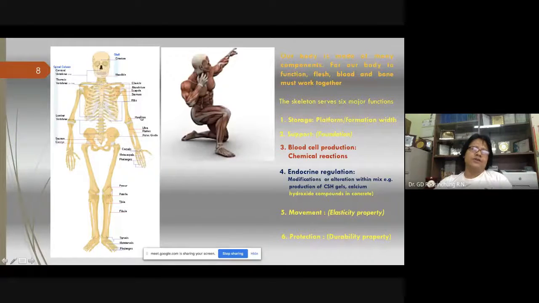When I say joints strong, I mean your joints should be very flexible. As and when required, you should be able to flex, take in, and take out. That flexibility should be maintained without disrupting our body joints.